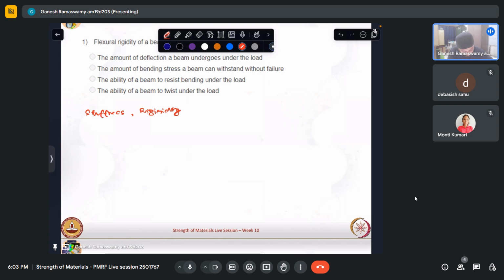So when it comes to an axial member, let us say I have an axial pull like this. Let me call this P, and let the actual length be L and area be A and so on. So the change in length is PL by AE.